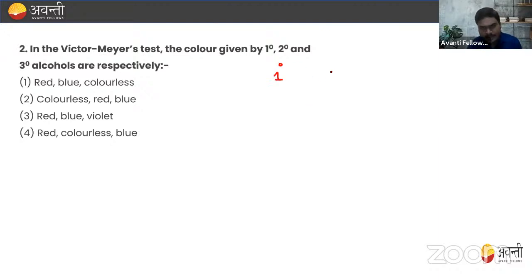This is primary, this is secondary, and this is tertiary. So someone says primary, okay, that is colorless, red and blue. GNV Rajkot, GNV Bhavnagar, option 2 they are saying. That is colorless, red and blue. Okay. Anyone else?